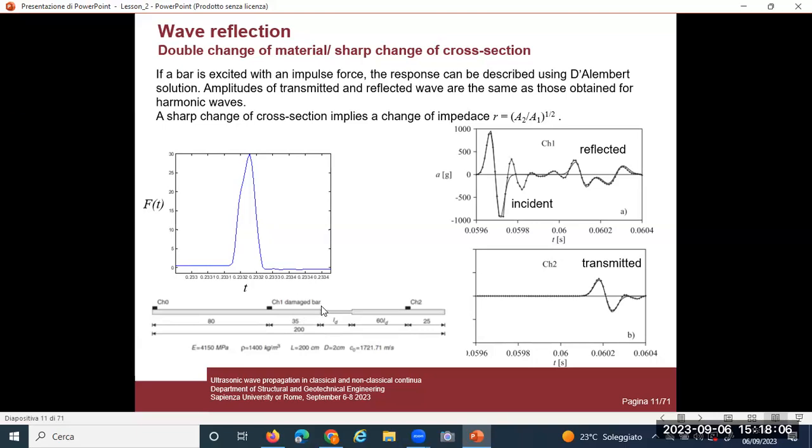We have a first change in the cross-section, then a stretch of bar with constant cross-section, and then a second change of cross-section. In this case, the impedance changes, since the weight of the material is exactly the same, because this reduction in the area was machined. Some material was removed from the bar.